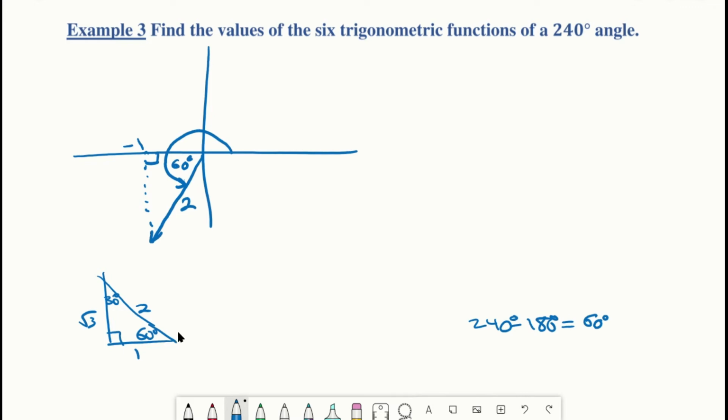And for the y value here, actually I can figure out this part first because that's opposite the 60-degree angle. So I know it's going to be square root of 3 if this is 2. But because it's in this location, it's going to be negative square root of 3.